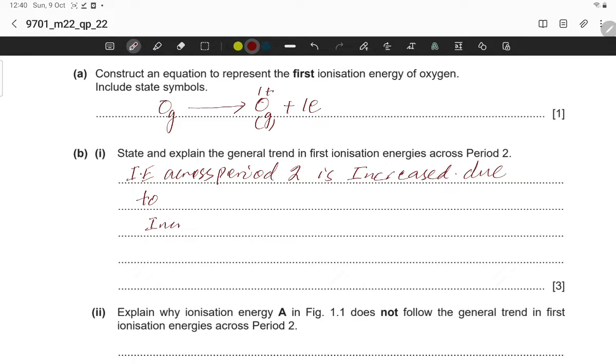Due to increasing nuclear charge. Nuclear charge means positive proton charge in the nucleus.